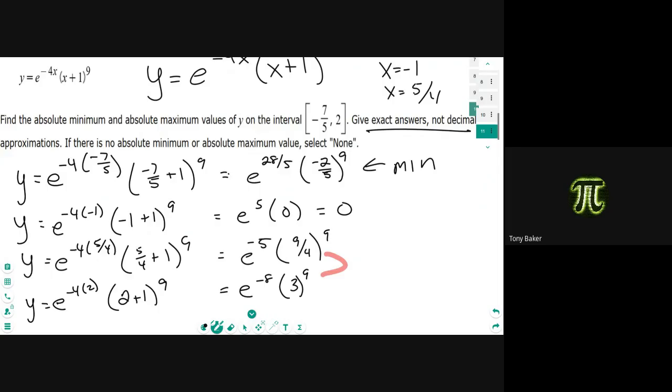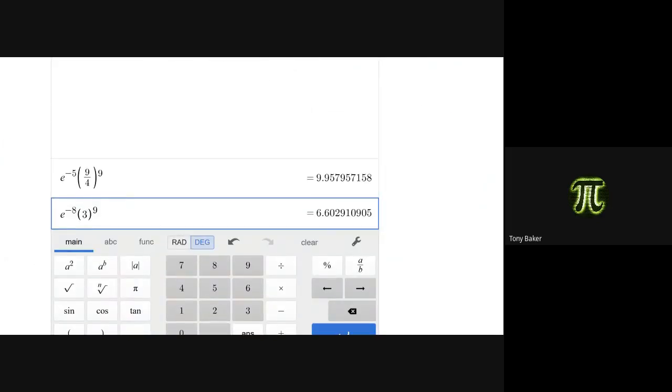E to the negative fifth. Now I throw them in there. And that first one's going to be the maximum.